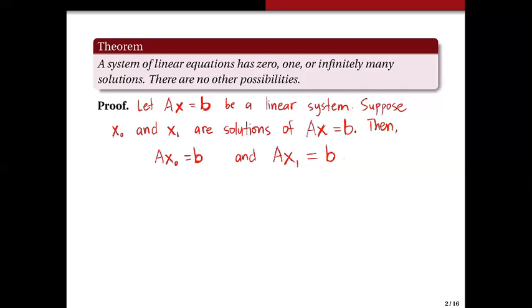That's what it means if an object is a solution: it must satisfy the equation. So this is a linear system, this is a matrix equation, and these two vectors, x0 and x1, are solutions, or we assume that they are solutions. So they should satisfy this matrix equation.